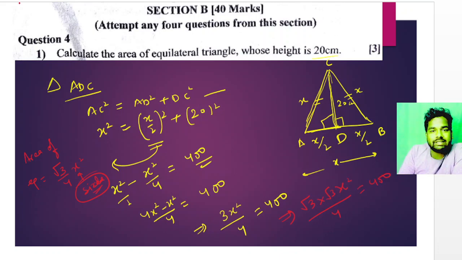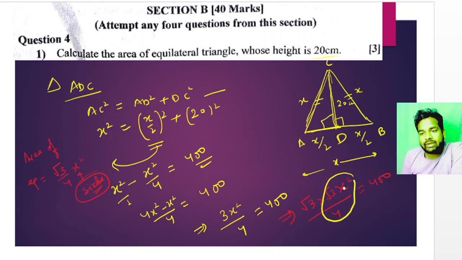Now, since root 3 by 4 x square is the area of the equilateral triangle, you just write area of equilateral triangle here. Since it is in multiplication, bring root 3 to this side.